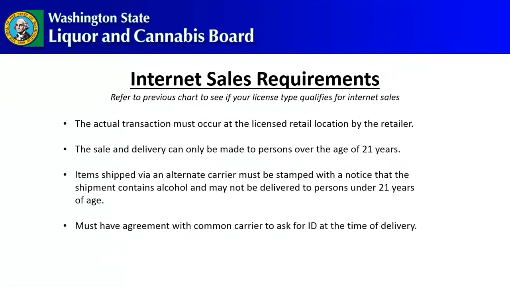If your items are shipped via an alternate carrier, it must be stamped with a notice that the shipment contains alcohol, and it may not be delivered to anyone under the age of 21. And you must have an agreement with the common carrier to ask for ID at the time of delivery.